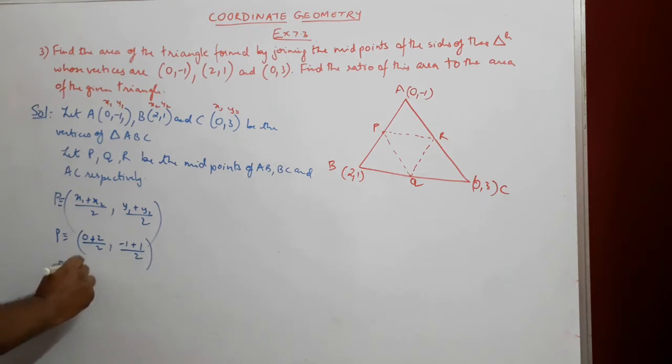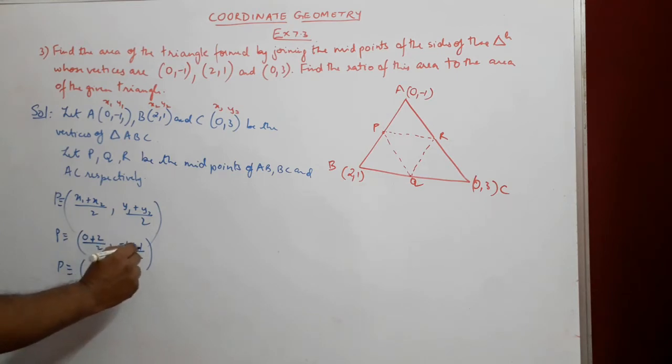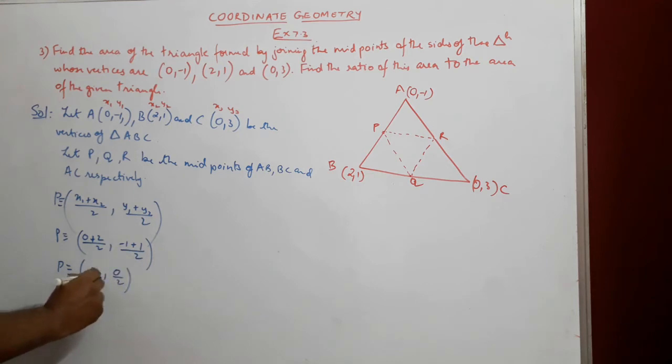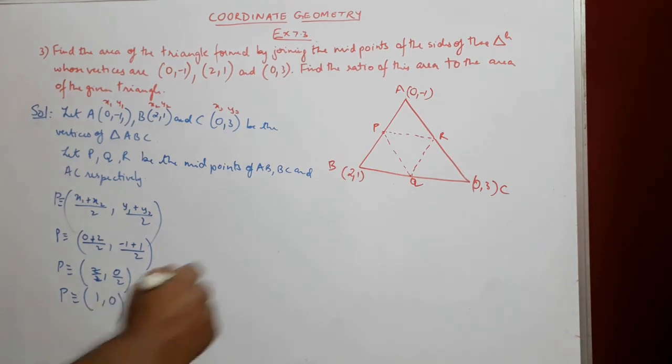That gives us 0 plus 2 is 2 upon 2, comma minus 1 plus 1 gives us 0 upon 2. 2 and 2 cancel, we get just 1. So the coordinates of P are (1, 0), because 0 upon anything else is also 0. So in this case we get the coordinates of P, and we mark the coordinates of P over here.